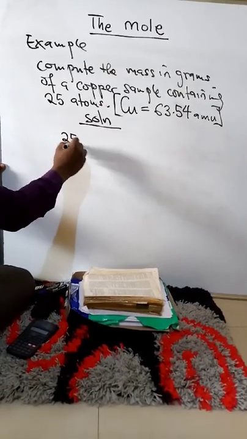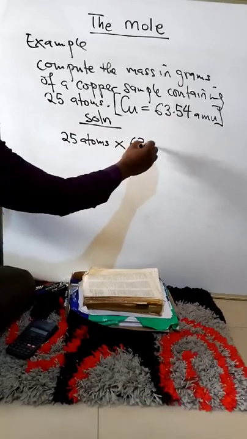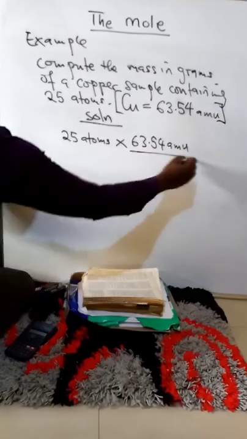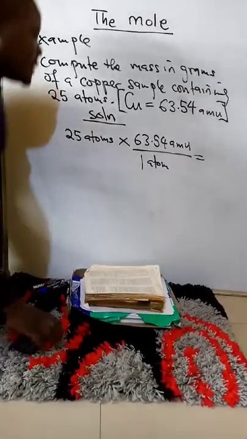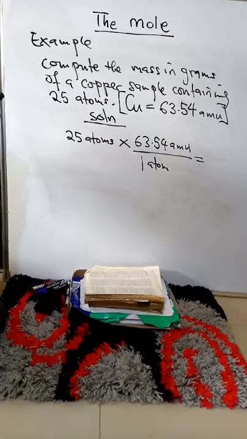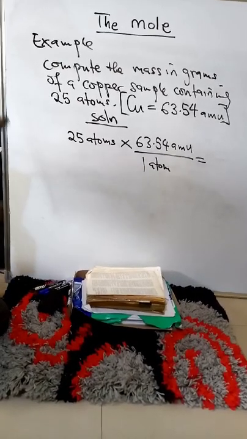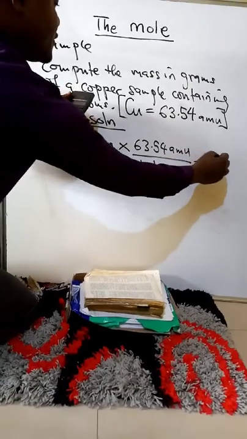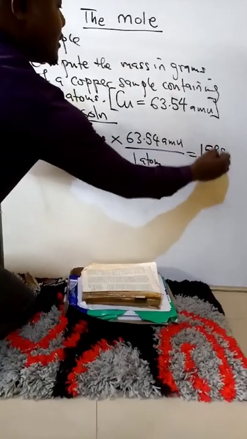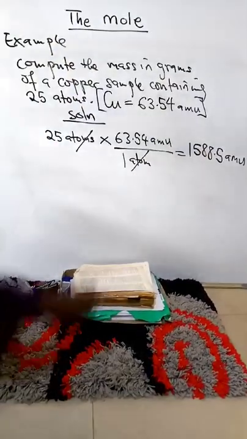So we say 25 atoms times 63.54 AMU over 1 atom, so that the atoms cancel. Multiplying 25 by 63.54 gives us 1,588.5 AMU. Now we've gotten the mass of 25 atoms.